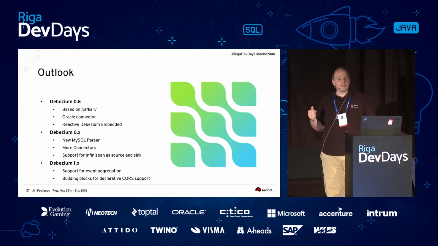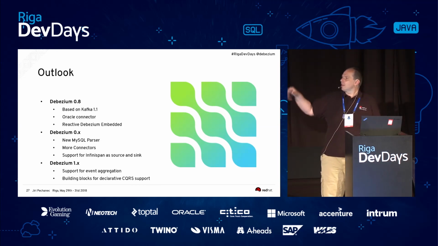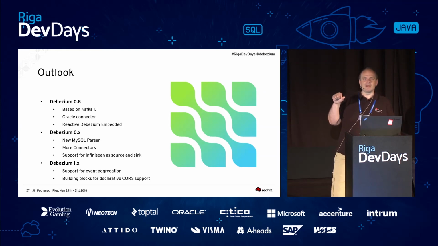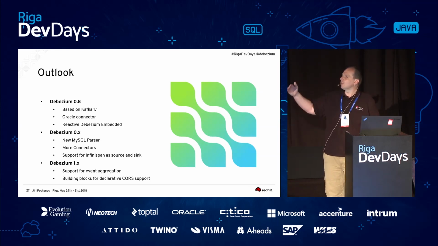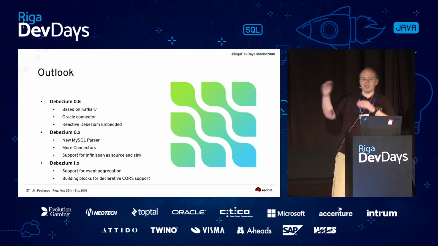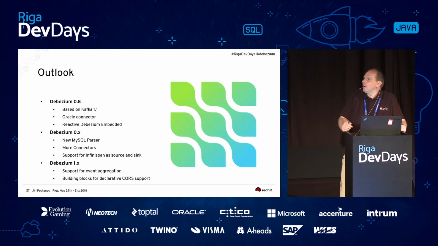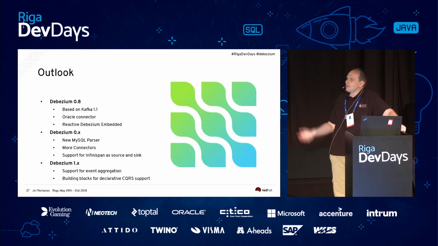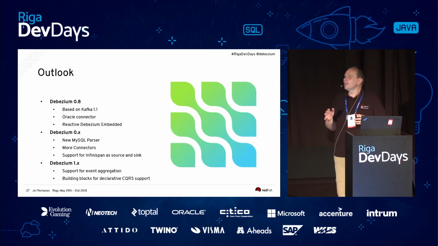We will definitely deliver more connectors. Also, we would like to provide support for Infinispan to act both as a sink and as a source. So we would have everything in place for the scenario of keeping database and cache in sync. And after that, when we release version 1, the future is a little bit foggy.